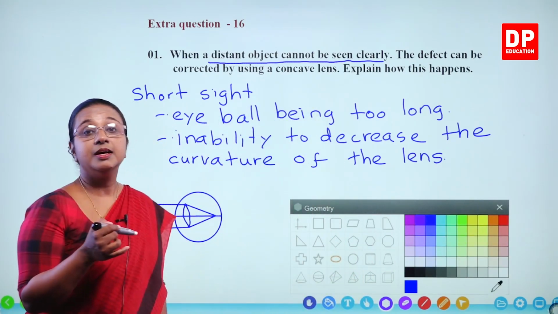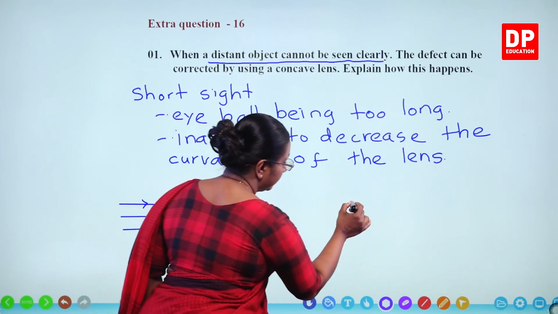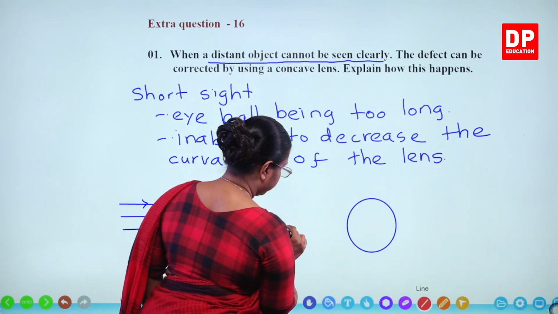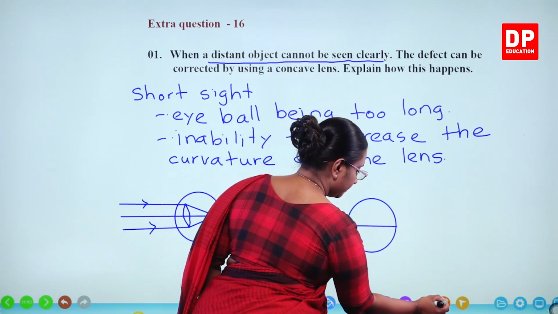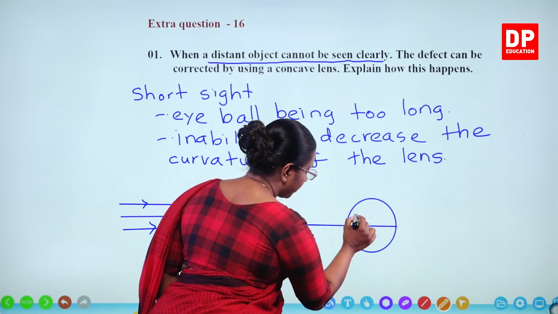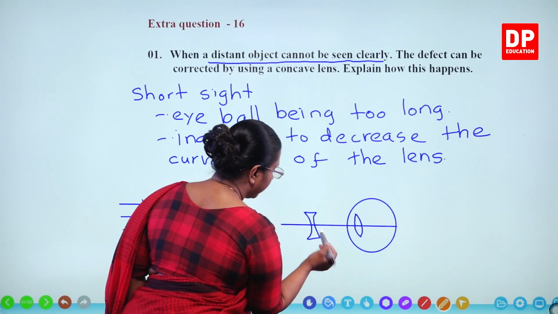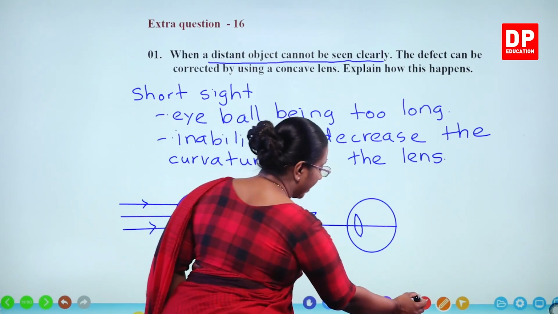We have the eye and here we have the eye. This is the lens of the eye and here we use a concave lens. So, what happens?